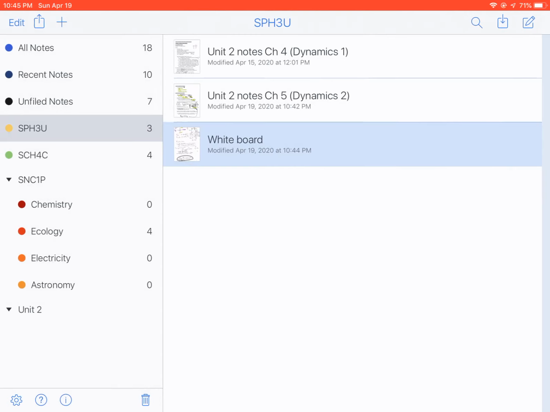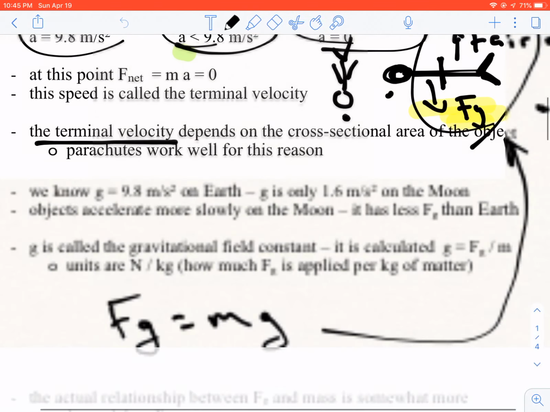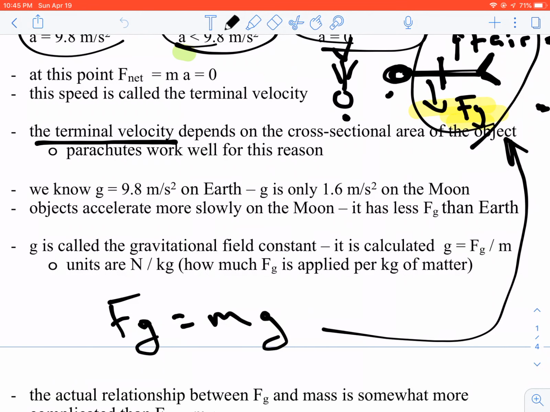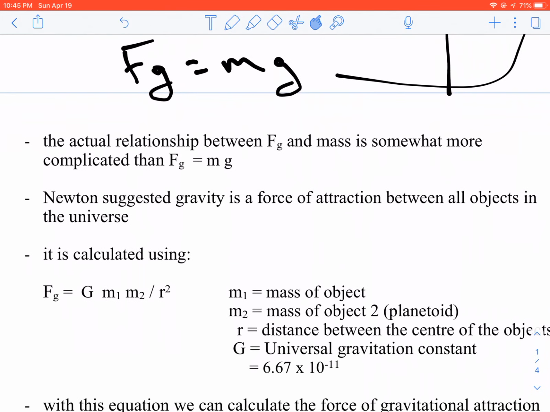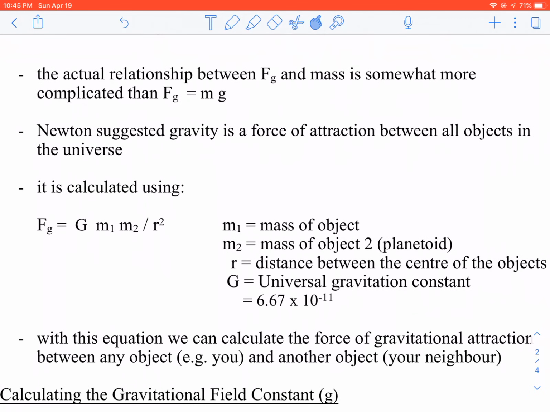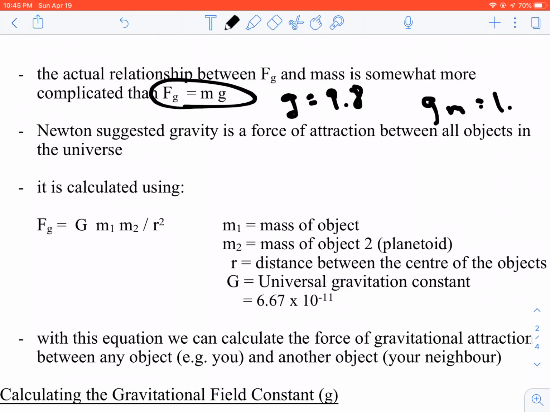Well, let's go back to our note here. If I go back to the reason for this, it gets a little more complicated than Fg equals mg. Now, Fg equals mg works perfectly. It works perfectly here on Earth, and it works perfectly on the moon, except on Earth, little g equals 9.8, and little g on the moon is 1.6.